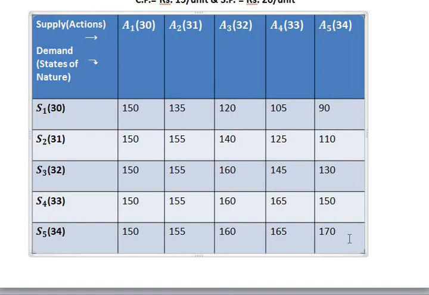So I request you that whatever sessions we have done, just see them 2 times, 3 times, then only you will be able to understand, because here we are not meeting face to face, so I may not come to know how many of you have understood. My humble request is to repeat once again and again, so that you will find it easy to understand. I think you might have found this topic interesting.